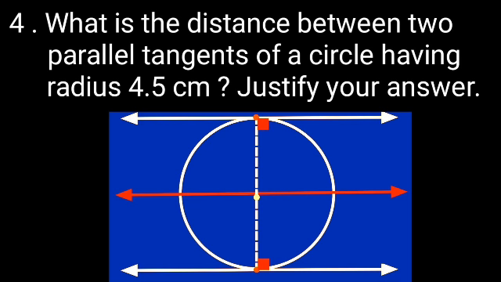Example number 4. What is the distance between two parallel tangents of a circle having radius 4.5 centimeters? Justify your answer.